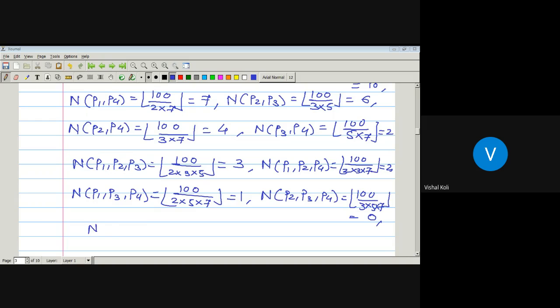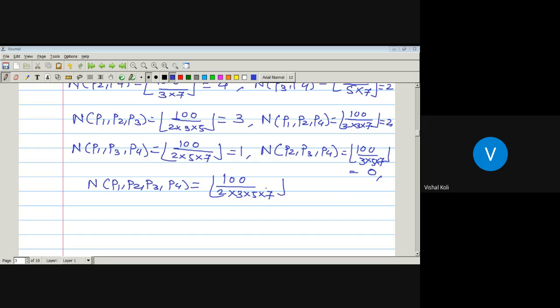And the last one is n of p1 p2 p3 and p4, which is 100 divided by 2 into 3 into 5 into 7, that is 210. So 100 divided by 210 and its greatest integer value is again 0.